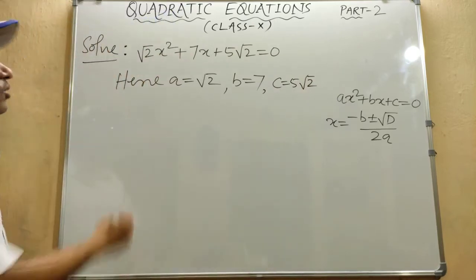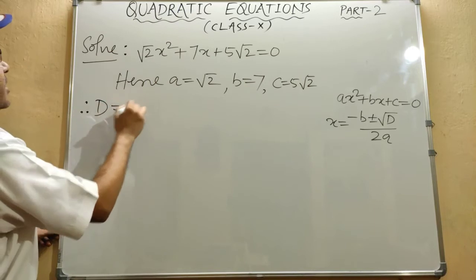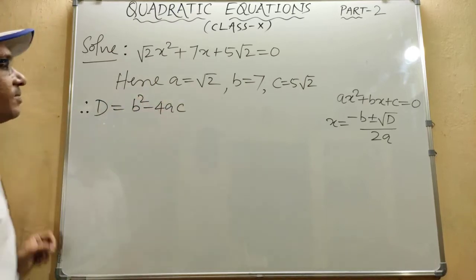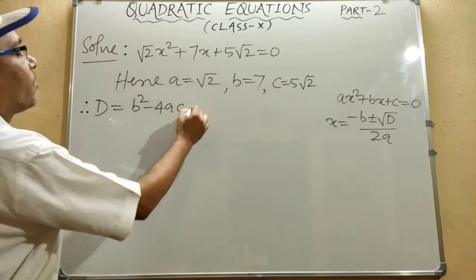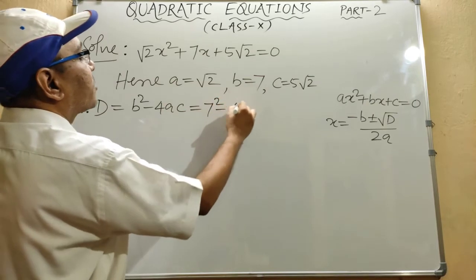So first of all we find d. D is b square minus 4ac. This is called d, is it not? What is b square? 7 square minus 4ac.